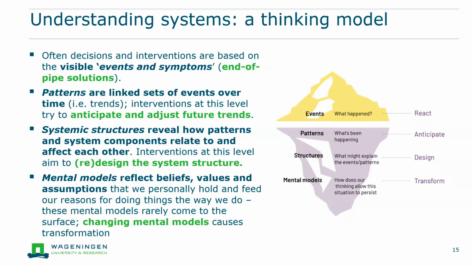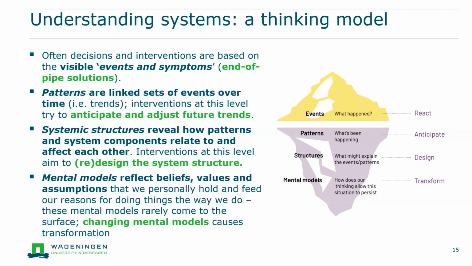And that's because there's a lot happening under the surface. We have all kinds of patterns that are visible over time. If you look at how, for example, food productivity or biodiversity is developing over the longer time scale, these patterns are really important to get an understanding of where the system is moving.